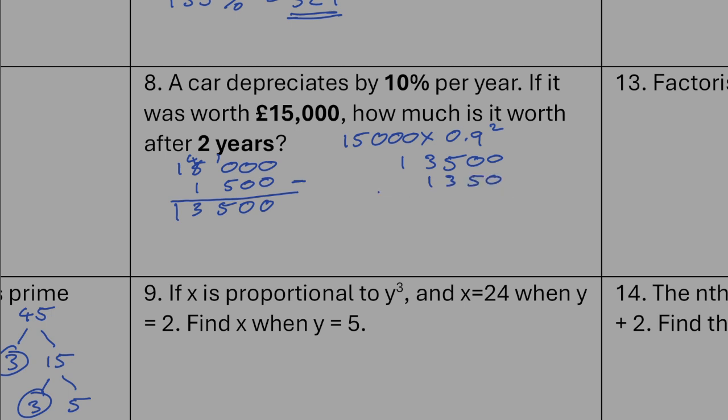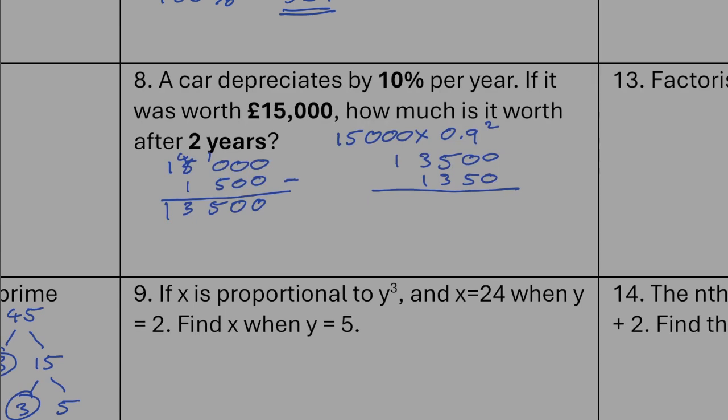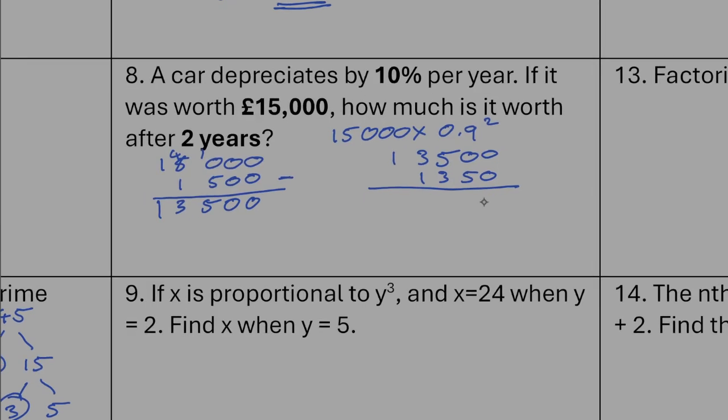And then if I subtract those, 4 take away 3 is 1, 2 take away 3 take away 1 is 2. So I make it £12,150.